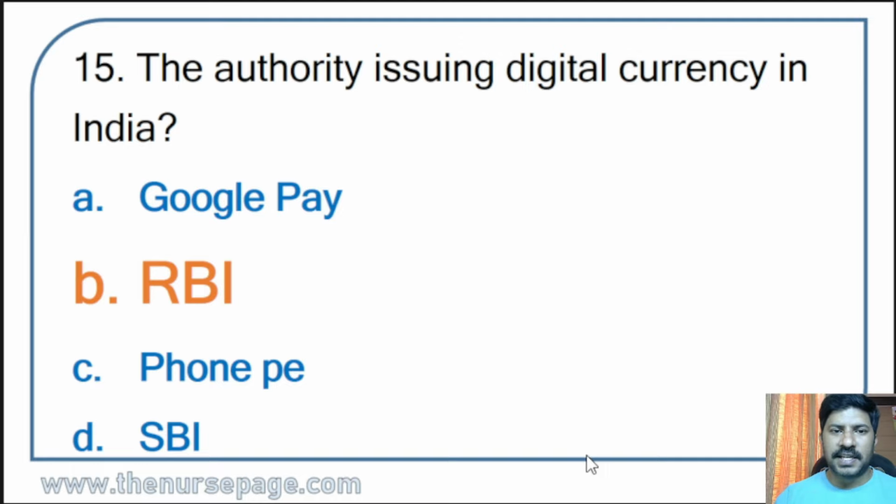December 1st is the date digital currency was officially introduced in India. The digital currency is issued by the Reserve Bank of India.